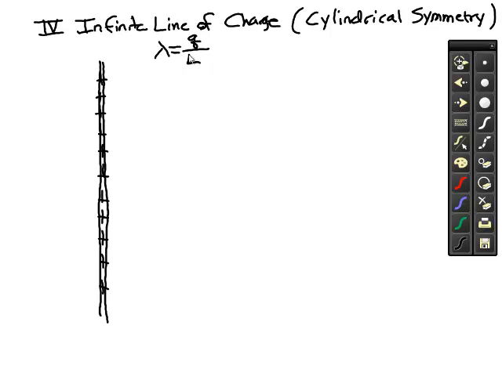So we've got this infinitely long string. It goes up infinitely far, down infinitely far, and it's got a uniform charge on it. And the question is, what is the E field like right there? How can we figure that out?